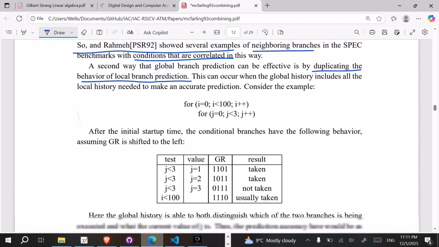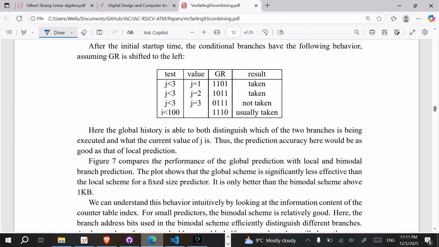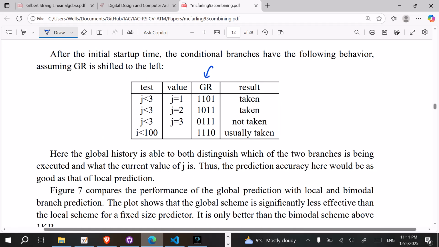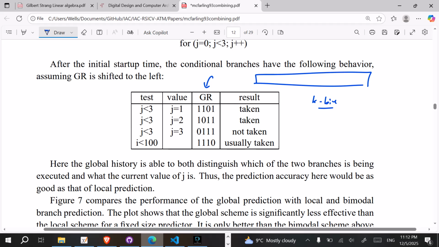So what happened was, over here I'm going to introduce something. Instead of a table this time, for my global branch, I will have a very long k-bit register. As you can see, this k-bit is like 4-bit, and this is again like a local branch behavior, but every single time I have a branch, it will be updated.